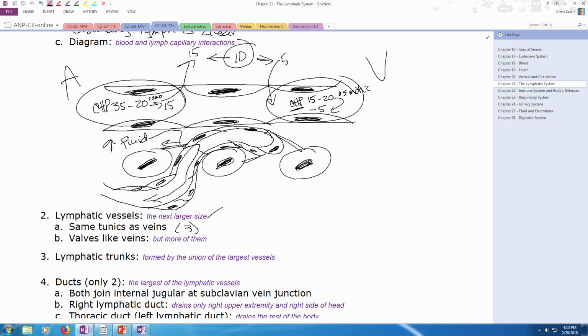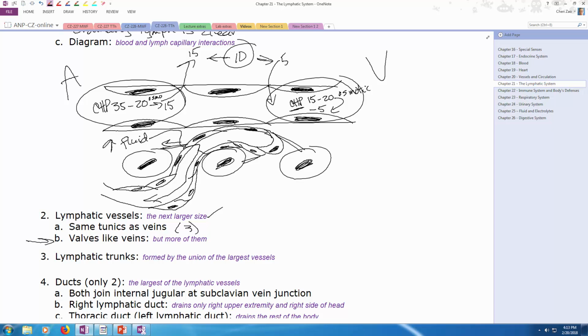And so what's really interesting, these are really small vessels, because if we just got out of the capillary, if we were to compare it to an artery side or a venule side, we would say these are about the size of arterioles or venules. So they have the same tunics as we discussed earlier with our blood vessel anatomy, but what is important is these guys, starting at the next larger structure, at the lymphatic vessels, have a lot of valves in them.